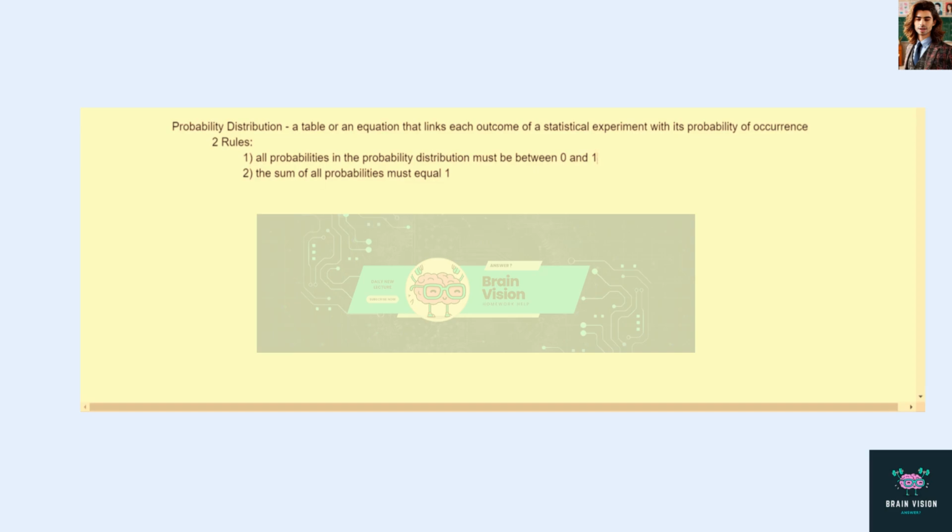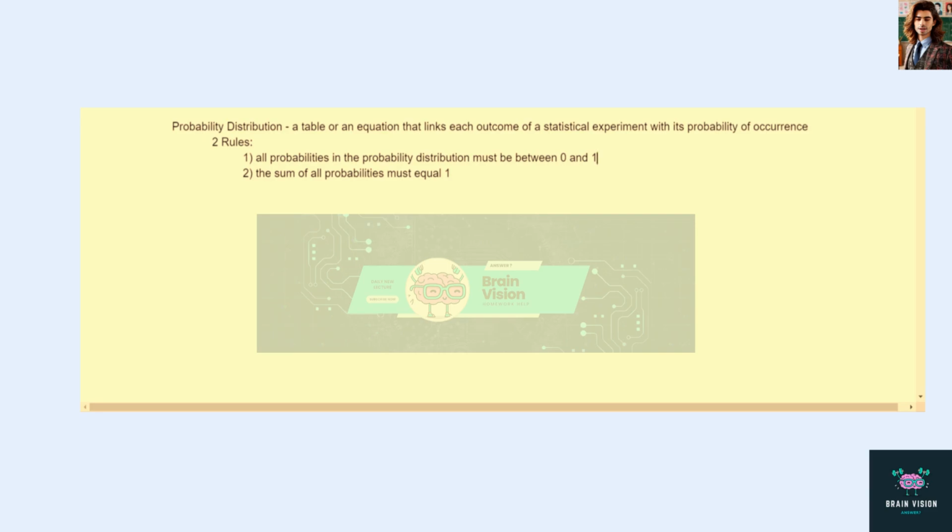And of course, the two rules that accompany that are, number one, that all probabilities in the probability distribution must be between 0 and 1. We cannot have negative probabilities, and we cannot have probabilities larger than 1. We can't suddenly have a probability of 2 because that's just not possible.